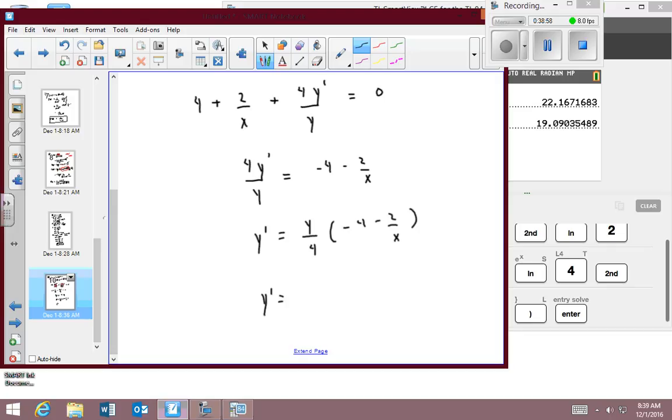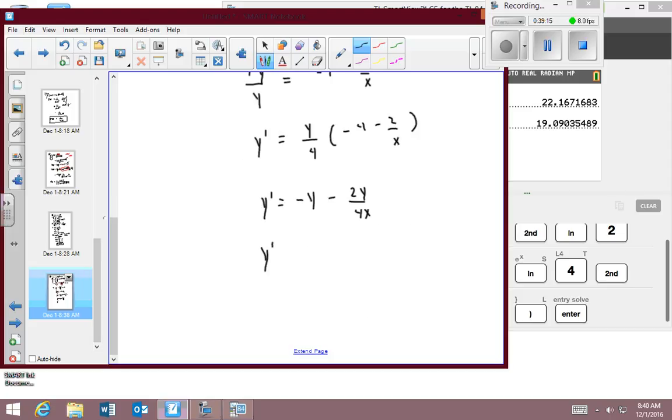And I'll distribute that through, so I have negative y minus 2y over 4x, which is minus y over 2x. Okay, so that should be my answer right there.